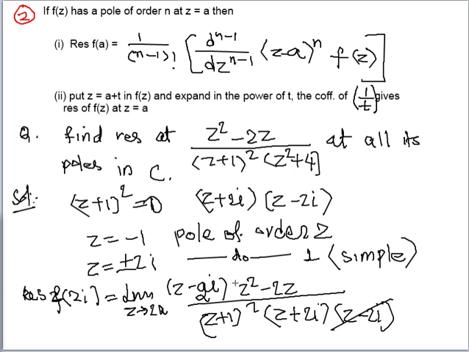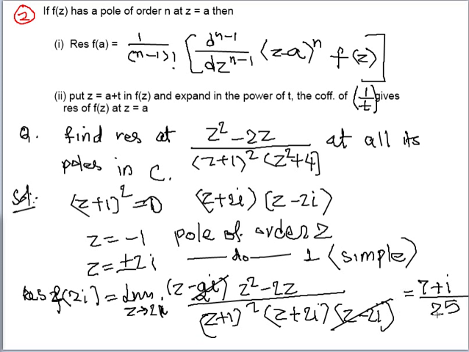Next we substitute z equal to 2 iota in the given function. When we substitute z equal to 2 iota and simplify it, we get the value (7 plus iota) upon 25. Clear? So this is the residue at z equal to 2 iota.